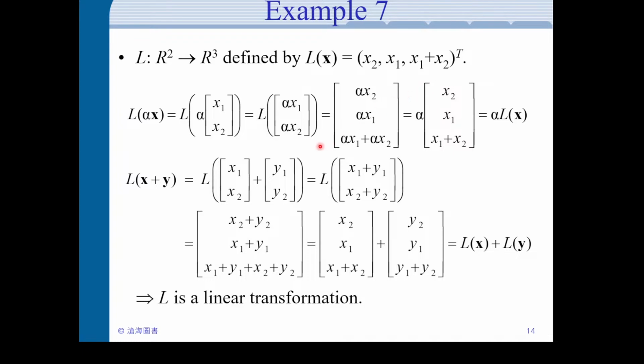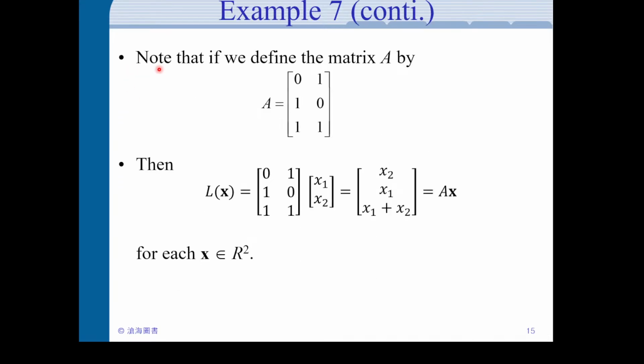In this example, we can write this R3 vector as a matrix times our R2 vector. So we have a matrix of 0, 1, 1, 0, 1, 1. If this matrix multiplies our R2 vector x1, x2, you see that this is exactly the R3 output vector.